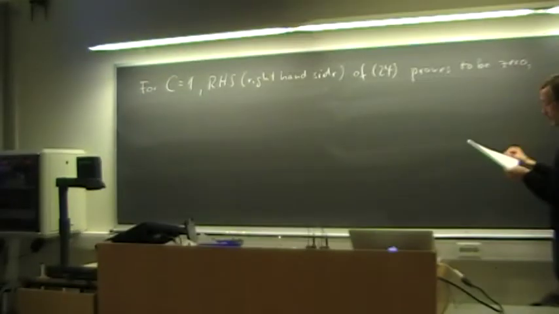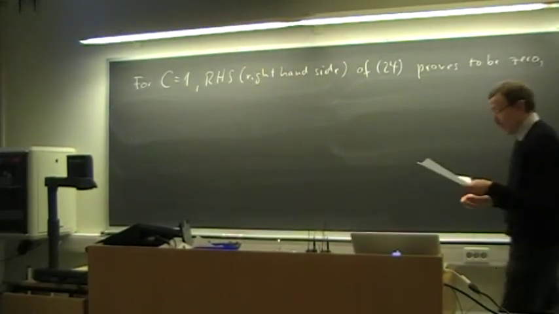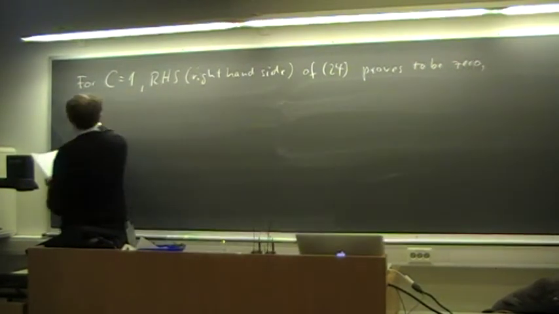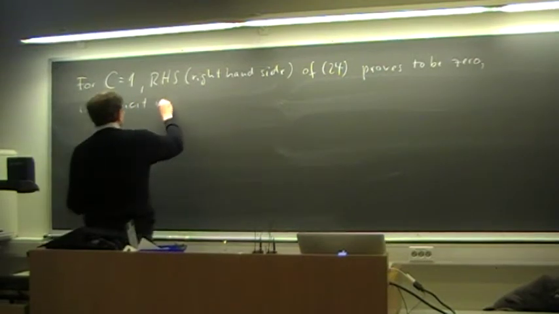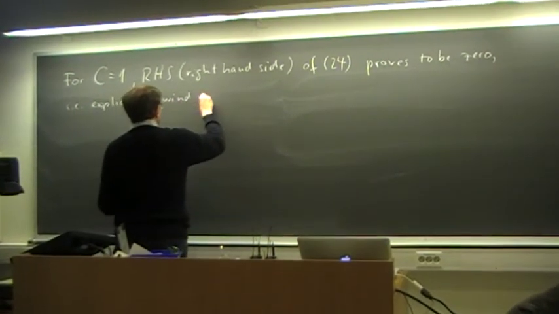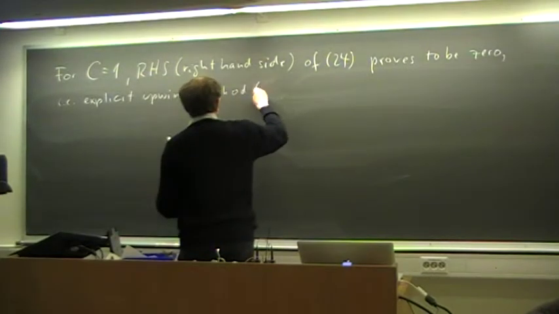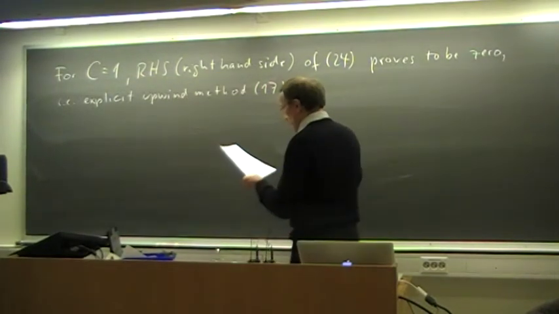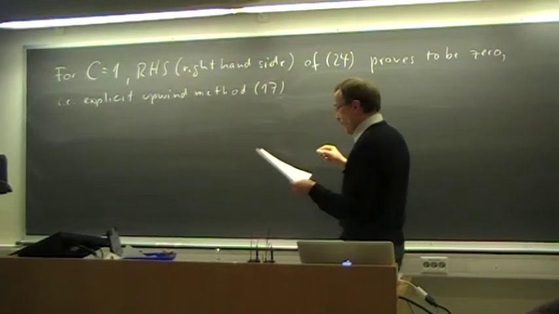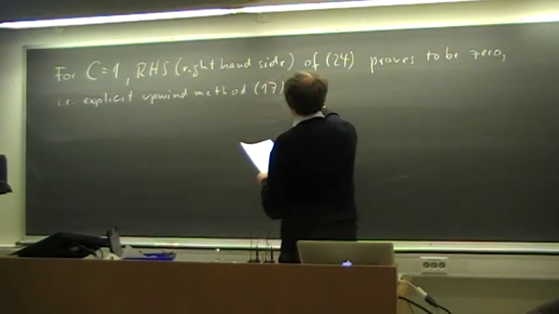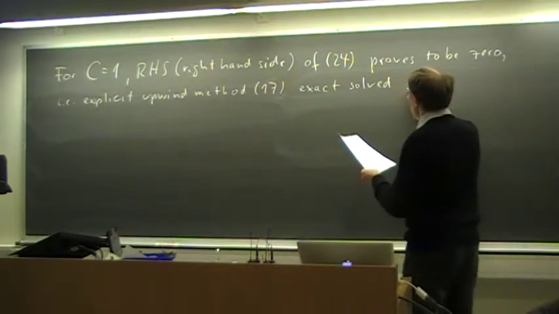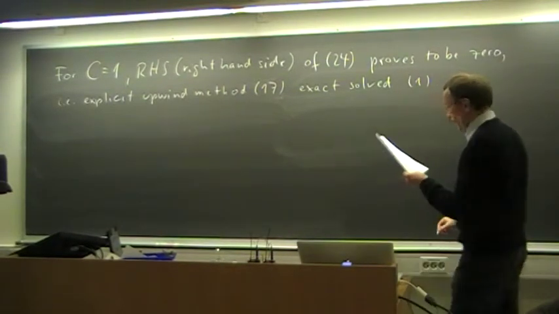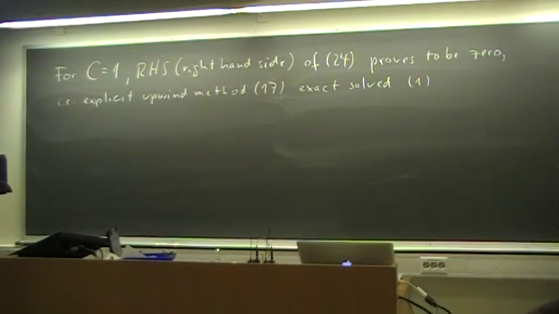And that means that the explicit upwind method exactly solves, or is exact for solving, the linear advection equation. Why is that so?